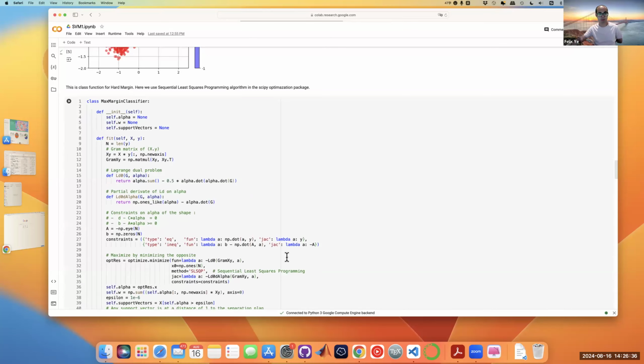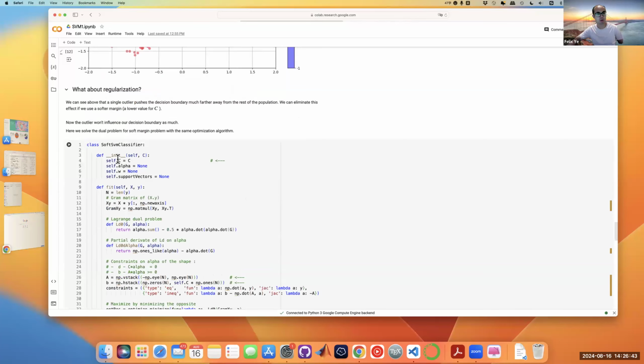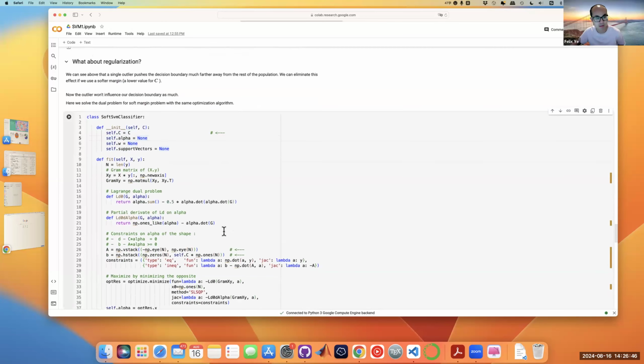The difference is we need to add the constraint, which here we call C. We need to make sure alpha is bigger than 0 and smaller than lambda. The way we do it is we create a matrix A, which is minus identity, vertically stacked with identity.